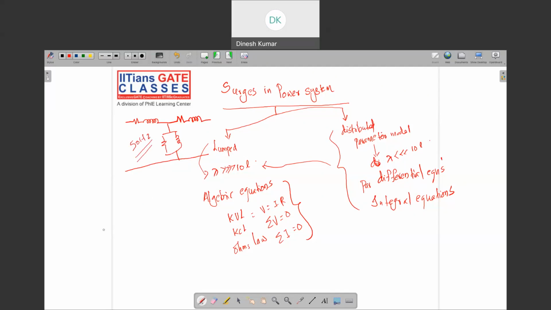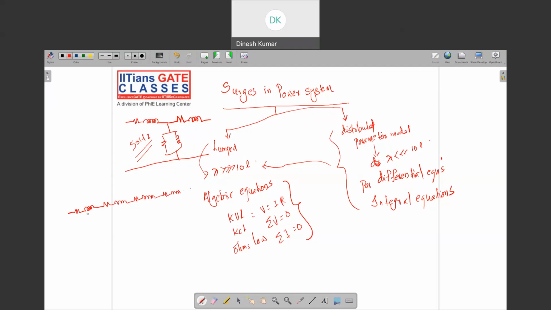If you want to look at a very high frequency model, or how a transformer actually works when a surge comes to it, it is quite different. The equivalent circuit is something like this. Infinite number of sections are there.